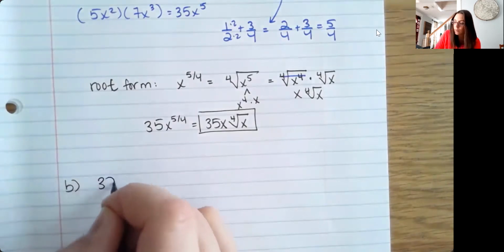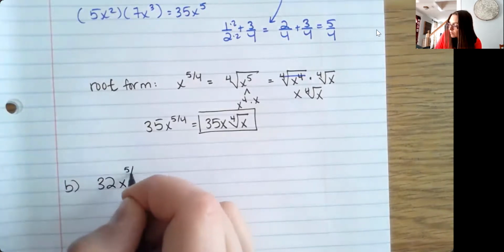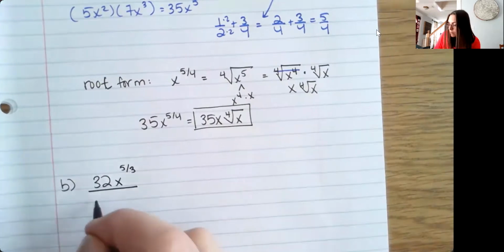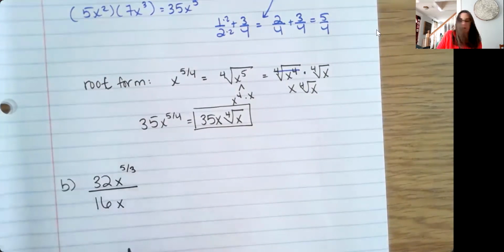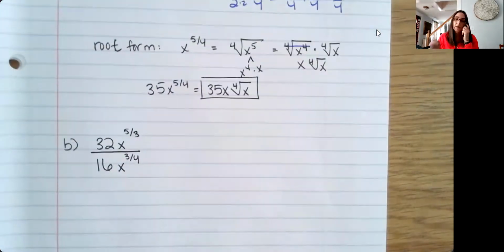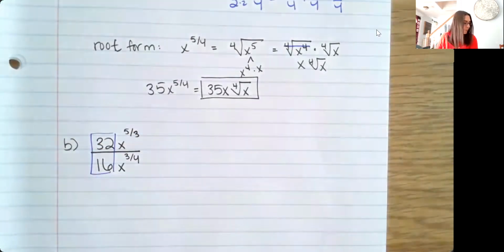So 32x to the 5/3 over 16x to the 3/4. So your numbers out front are just going to work as usual. 32 divided by 16 is just 2.